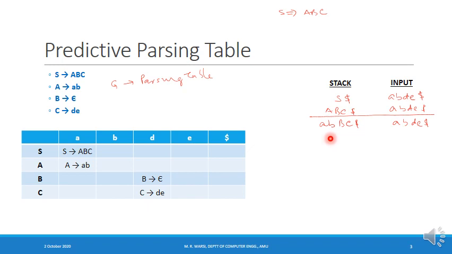Since this small a in the input string has been matched with this small a, it can be eliminated from both places. So we pop small a from the stack and eliminate small a from the buffer, and the stack now holds B capital C dollar, and the input buffer holds bde dollar.